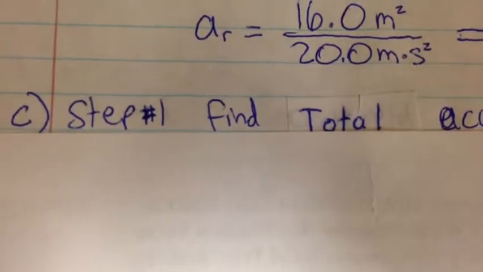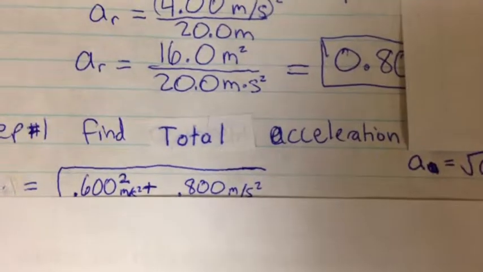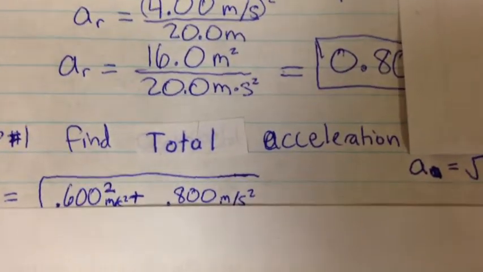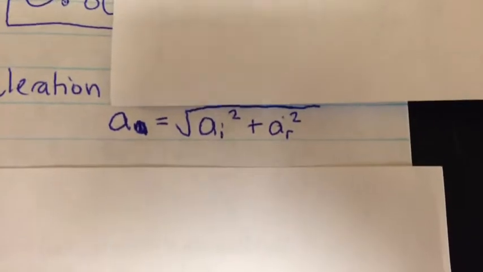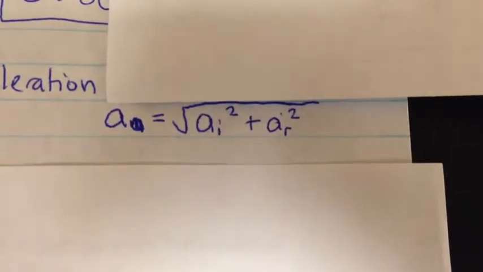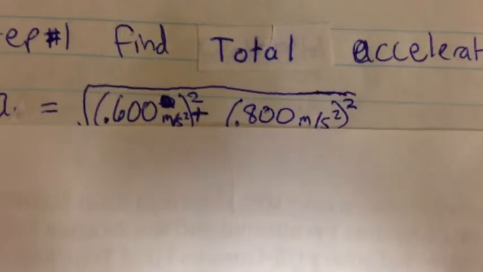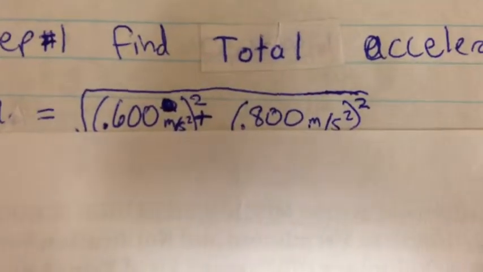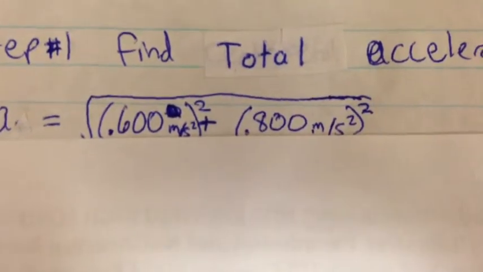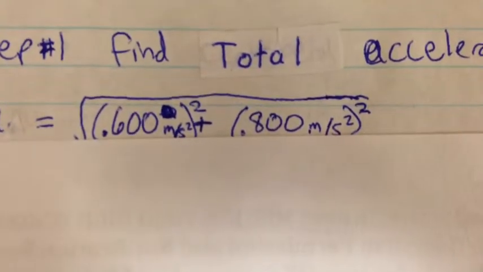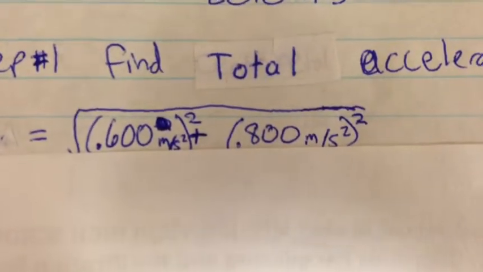To solve part C, step 1 is to find the total acceleration. The formula for total acceleration is the square root of the automobile's acceleration squared plus the centripetal acceleration squared. Plugging in these values gives us the square root of (0.600 meters per second squared) squared plus (0.800 meters per second squared) squared.